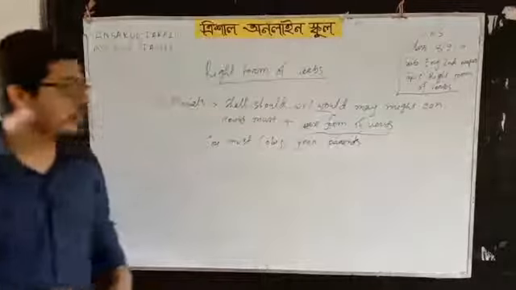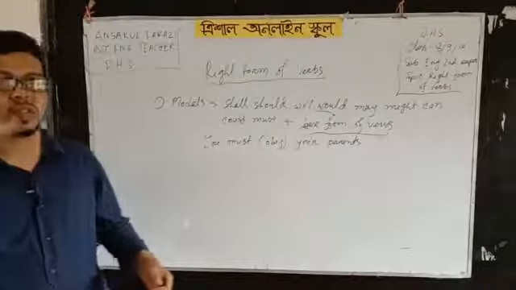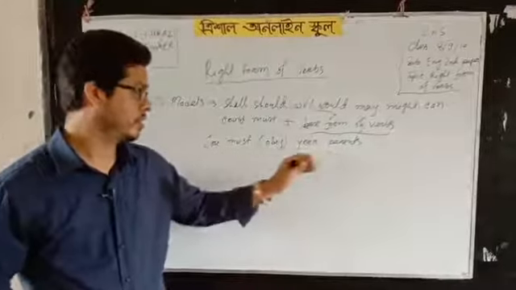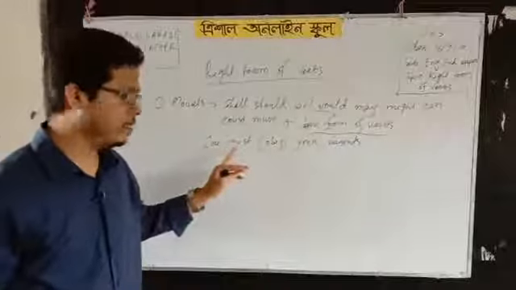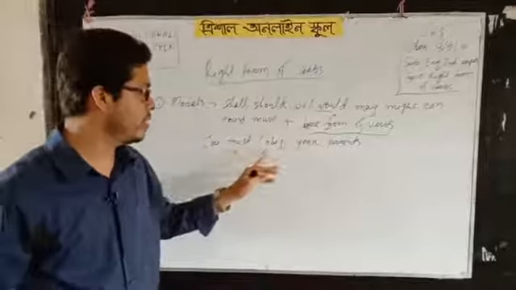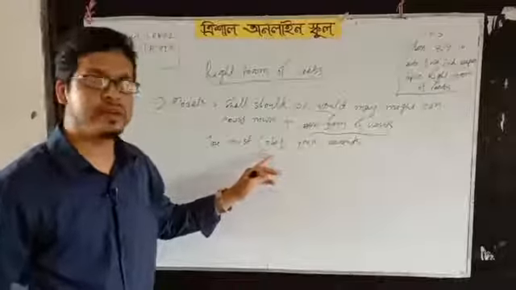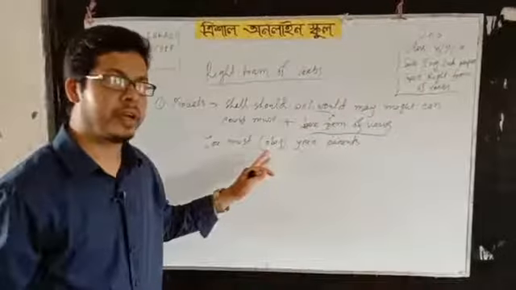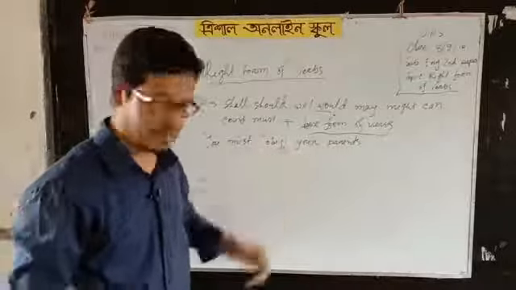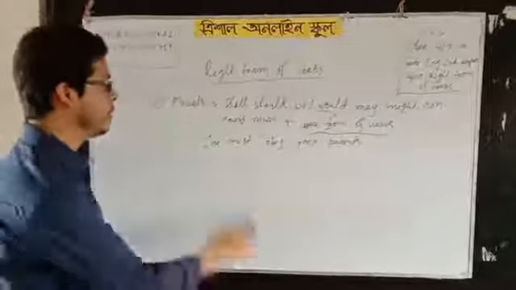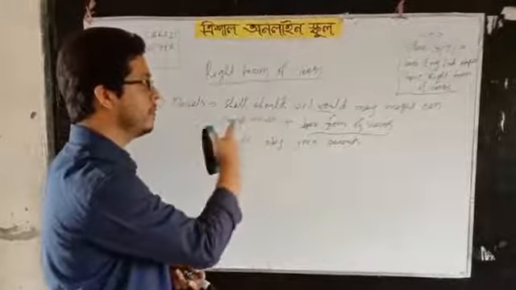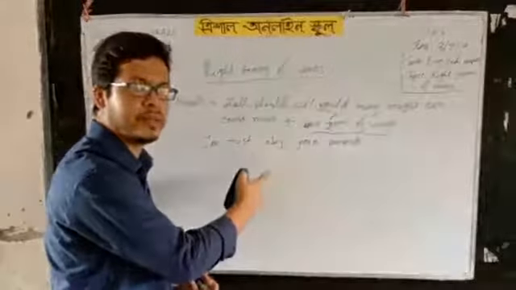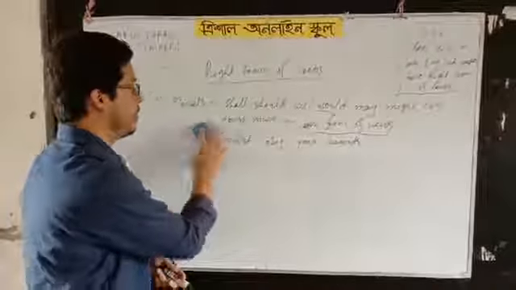You must obey your parents. You have to understand this. You must obey your parents. So there is a modal must, and generally after must we use the base form of the verb. Here there is a verb obey, so it has no change. This is the base form, so you can write obey, and obey is the right answer. In this way, if there is any of these modals, you must write the base form of the verbs.